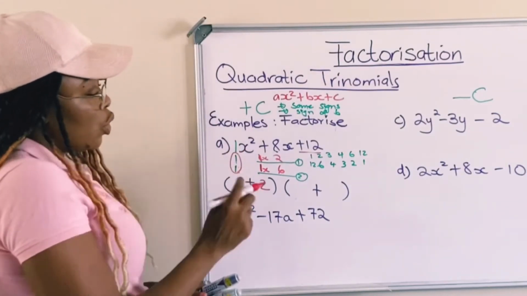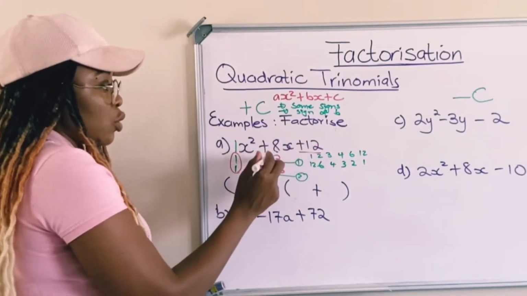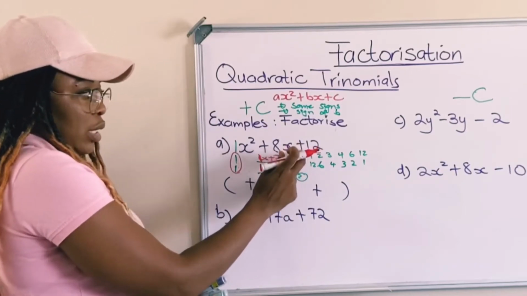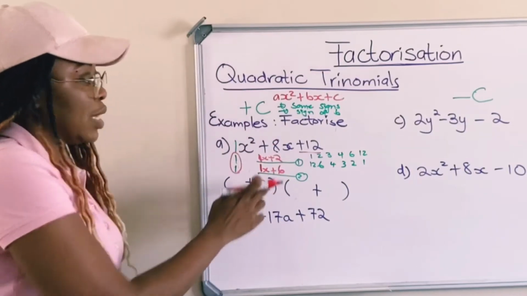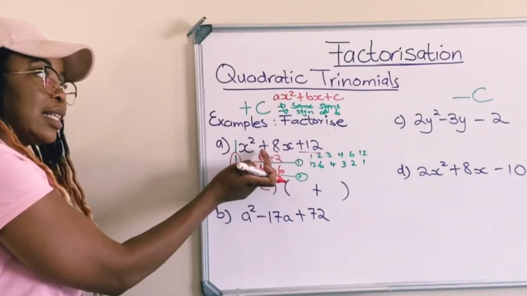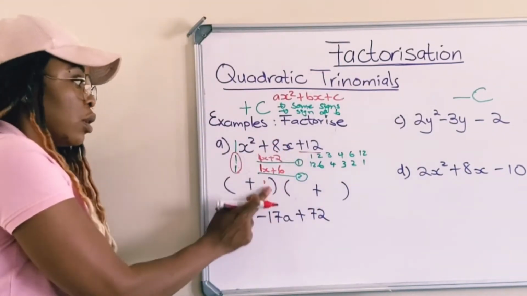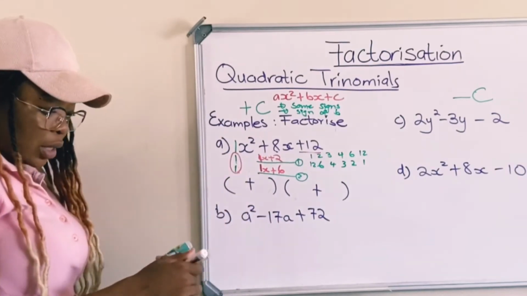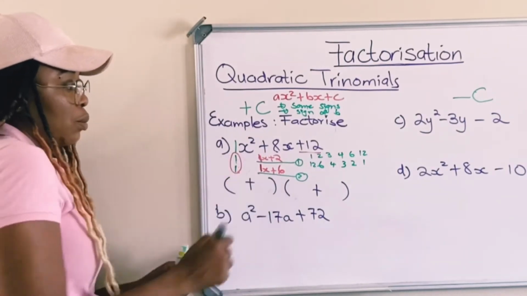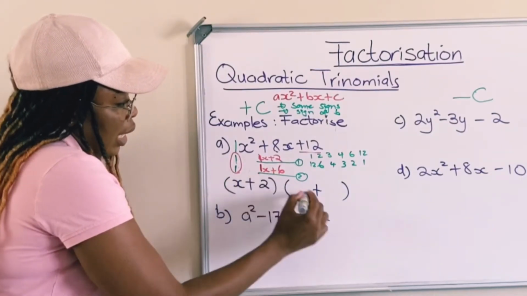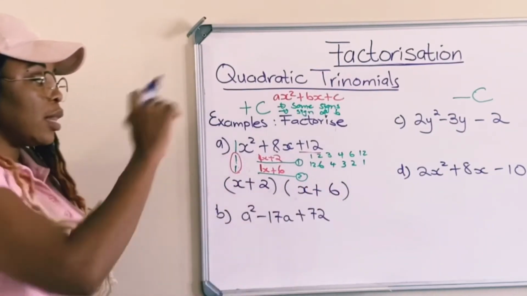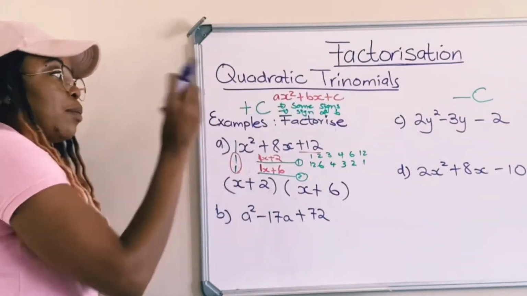Then we already chose the signs, so it's supposed to be plus, because this tells us the same sign. Which sign? That sign. So our final answer will be x plus 2 and x plus 6. In the end, when you expand, it should take you back there.